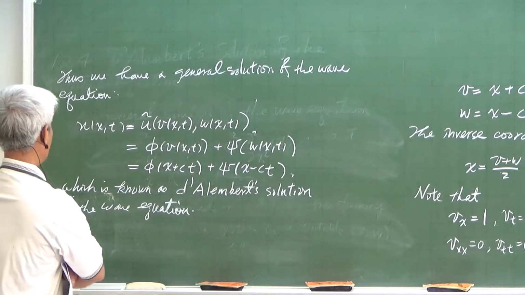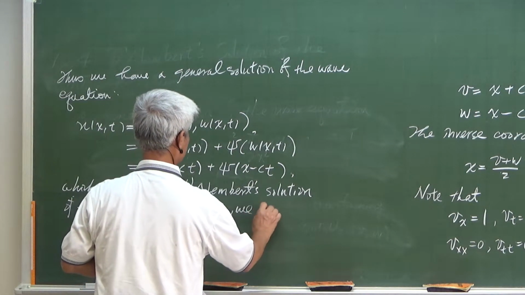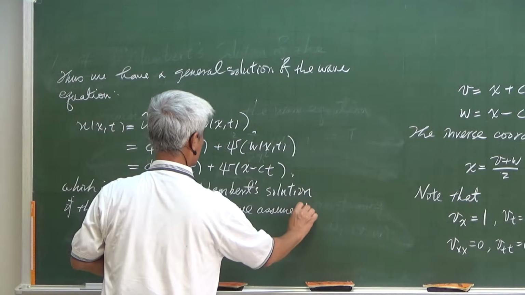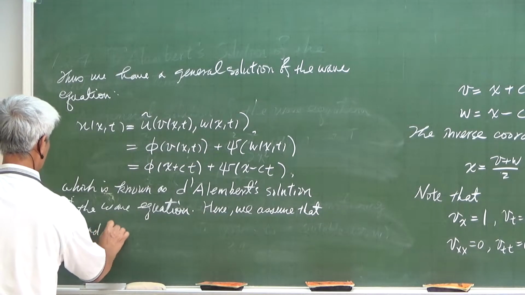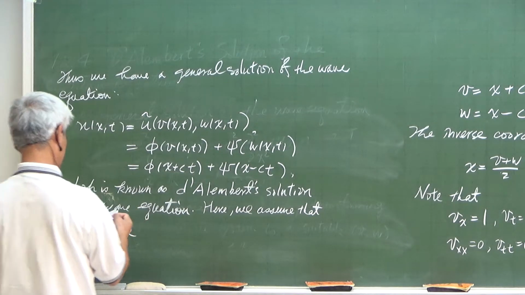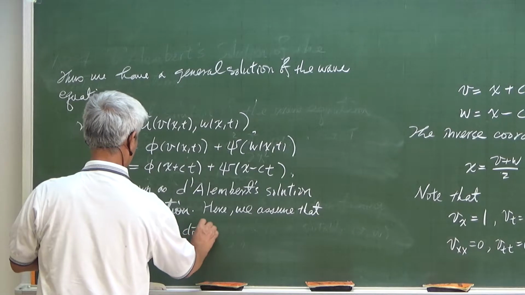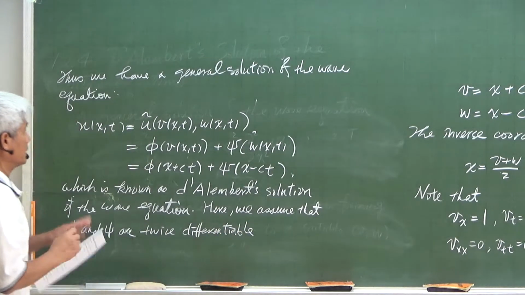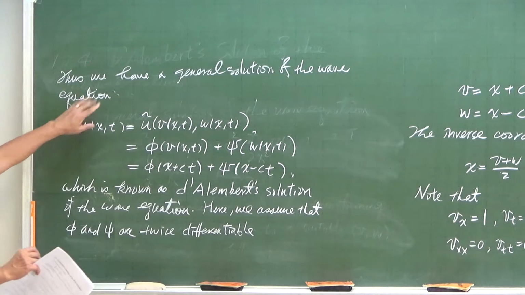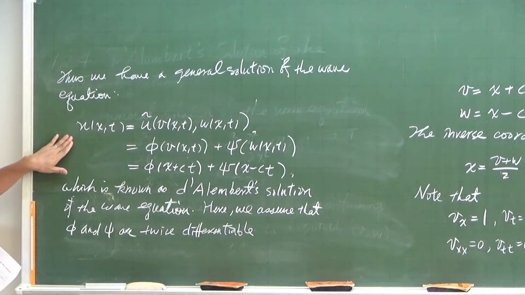Okay, and here, furthermore, we assume that phi and c are twice differentiable. The reason is that in the wave equation, we have to take the second partial derivative for u.